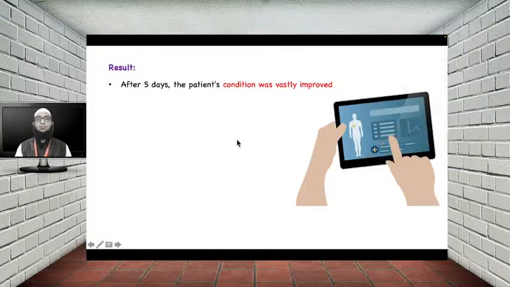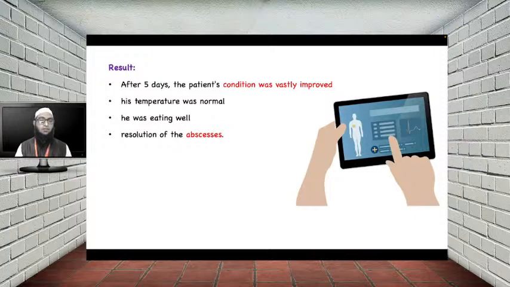After 5 days, the patient's condition was vastly improved. His temperature was normal. He was eating well. There was resolution of the abscess, no pus formation, and slowly the patient started recovering from the staphylococcal infection. There was no toxic effect of the drug.